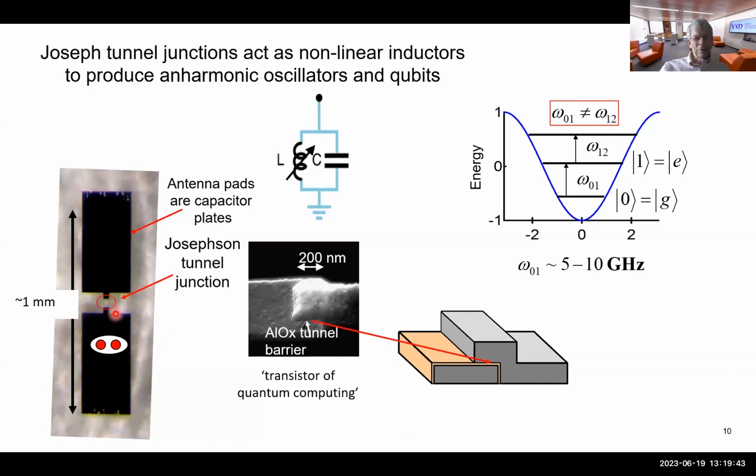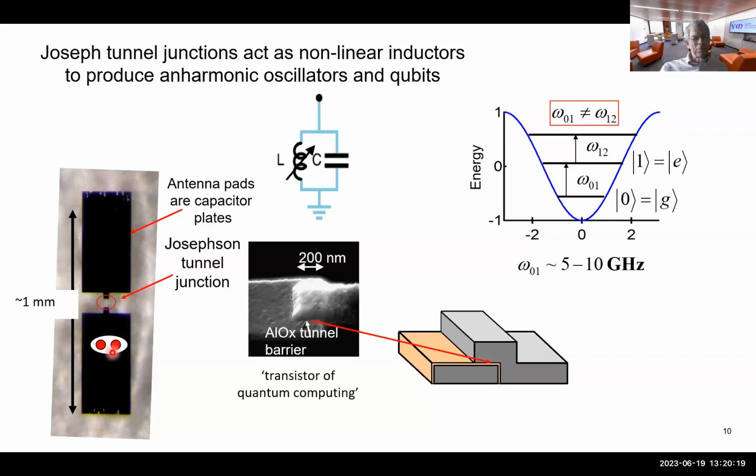And then the Josephson junction is a very tiny object, just a couple hundred nanometers on a side, in which you have aluminum superconductor, an aluminum oxide tunnel barrier a few nanometers thick, and then another piece of aluminum. And this oxide barrier is insulating, but because electrons are waves, they can tunnel through this, and current can flow back and forth between the two halves of the antenna.